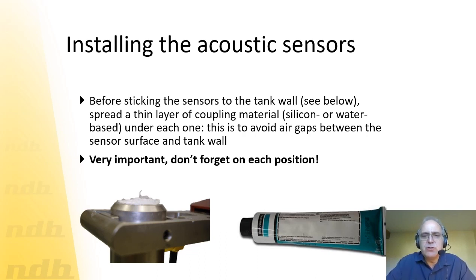Each position needs acoustic coupling, and this coupling will replace the air gap between your acoustic sensor and the transformer wall. It removes the air that acts like an insulating material between your sensor and the transformer wall. So it's very, very important to add the acoustic coupling on each position.